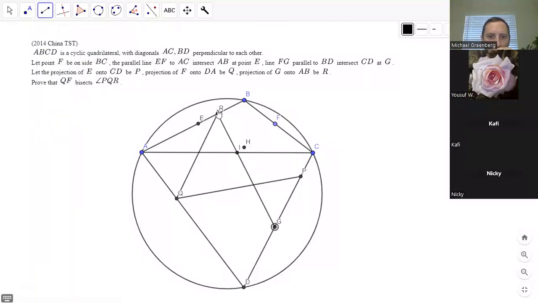I mean, no. Yeah, they're not necessarily midpoints. So we project E, F, and G.